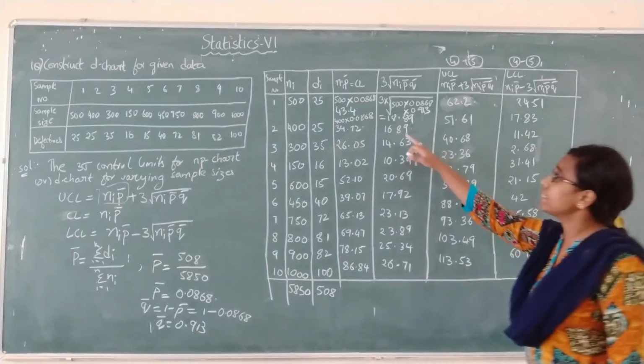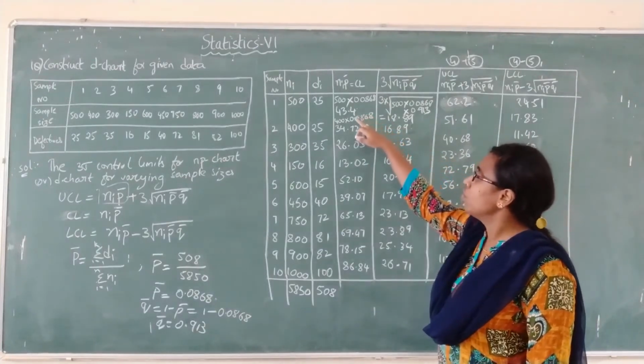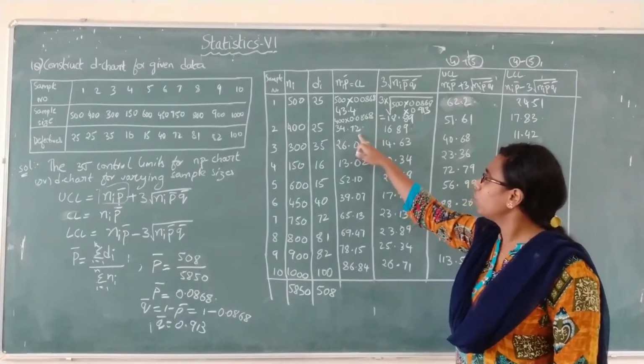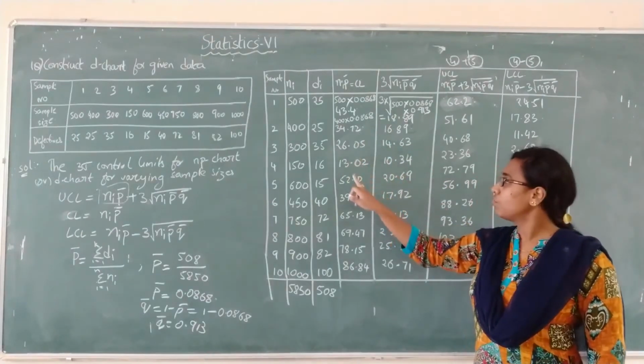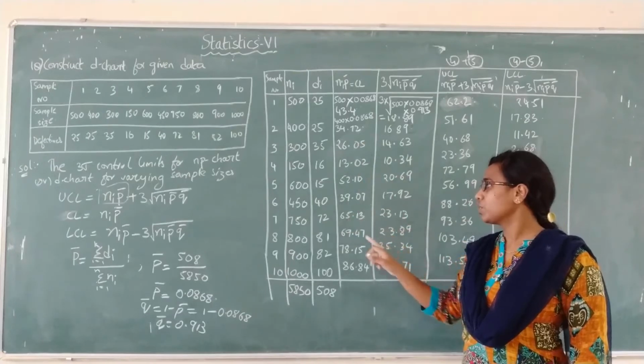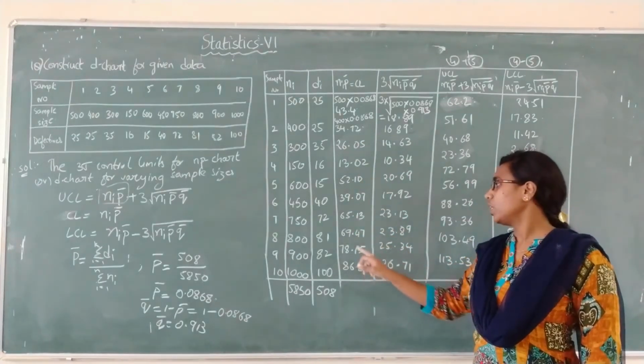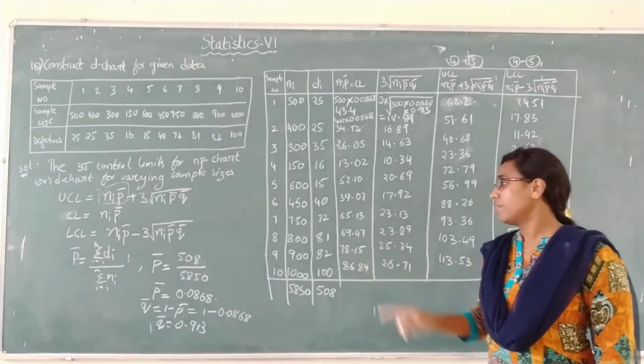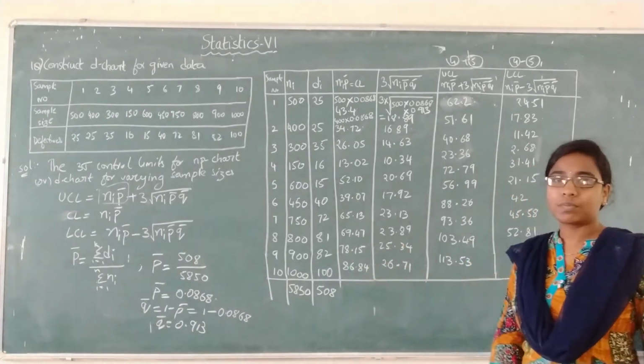I'll read the CL values once. First one is 43.4, 34.72, 26.05, 13.02, 52.1, 39.07, 65.13, 69.47, 78.15, 86.84.